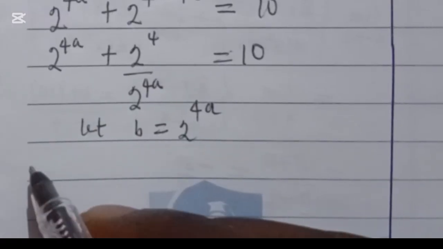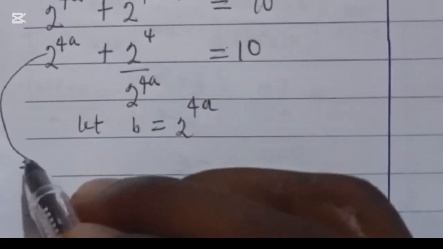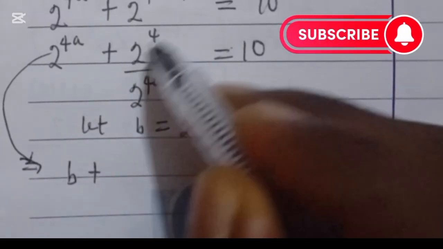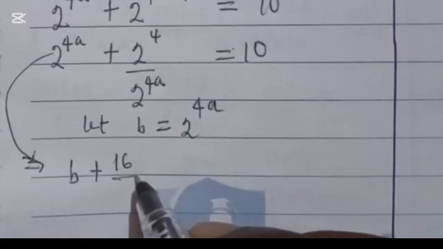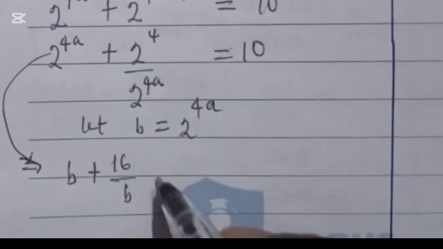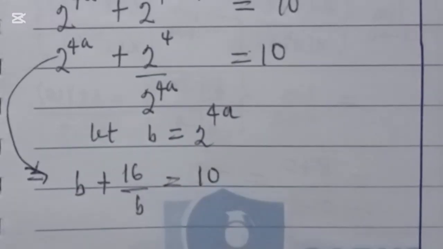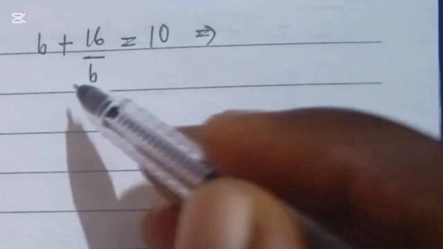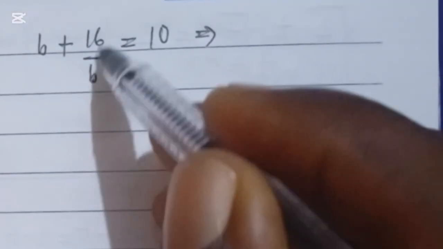And this implies that this equation becomes b plus 16 over b, which is equal to 10. Alright, so this implies that we can multiply through by b to clear out this fraction.